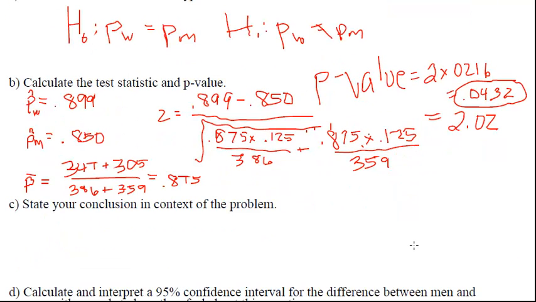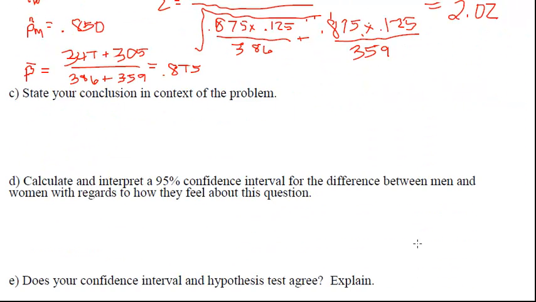And we're going to use a significance level of 0.05. I'm not sure if it's stated there, but it is. So let's go ahead and use 0.05.